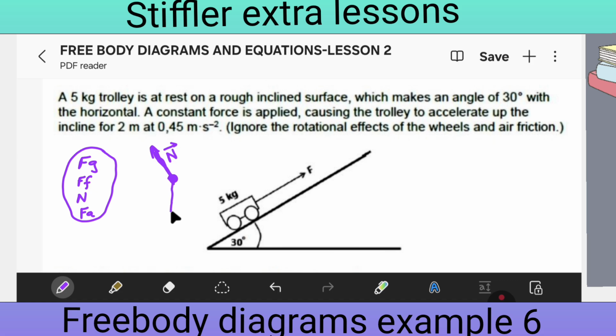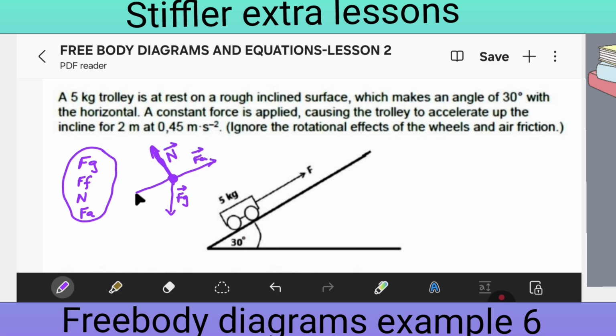So this will be our Fg like that. And you also have the force that is being applied parallel to the surface. So this is our force applied like that. And we already said that there is also frictional force because it is on a rough surface.